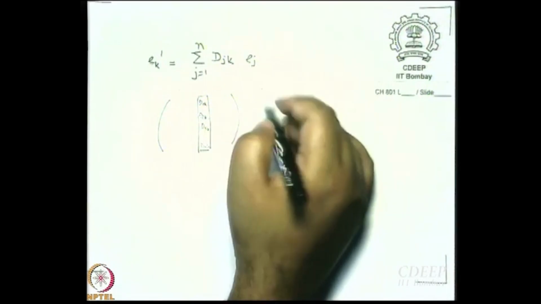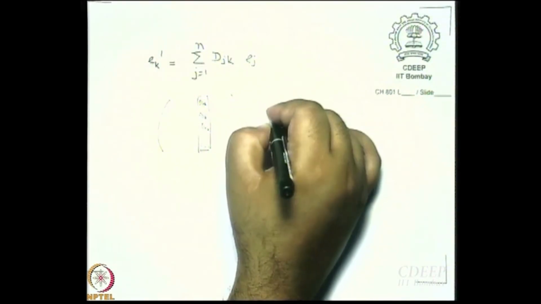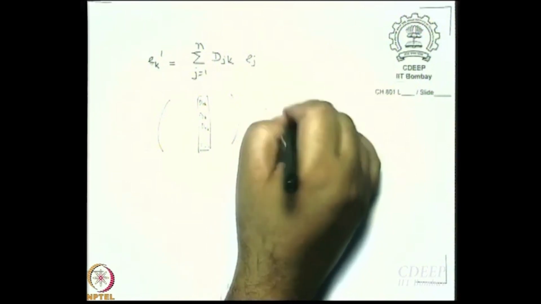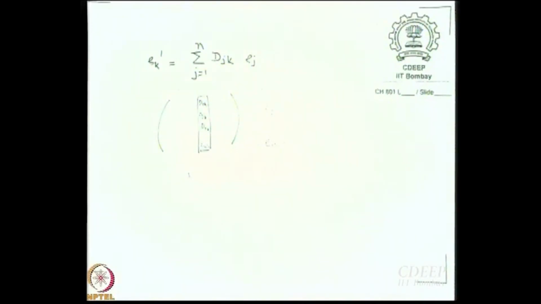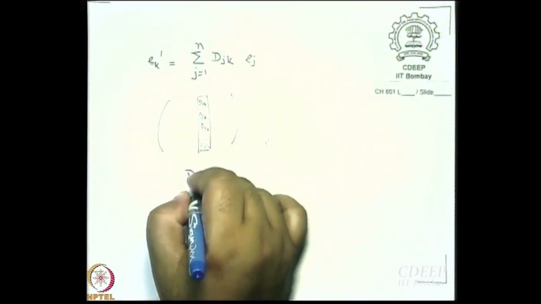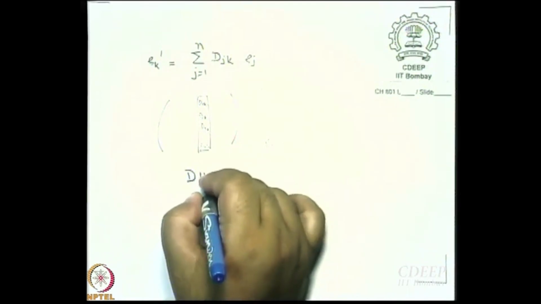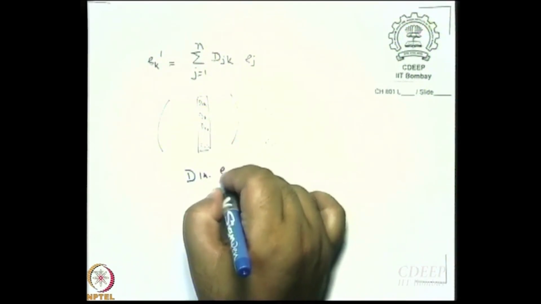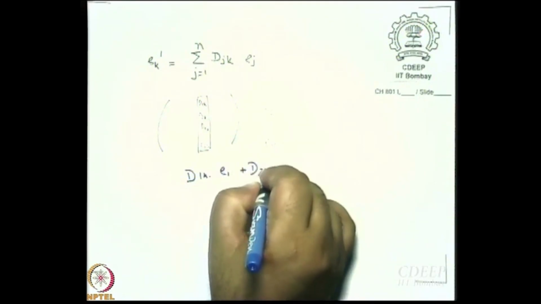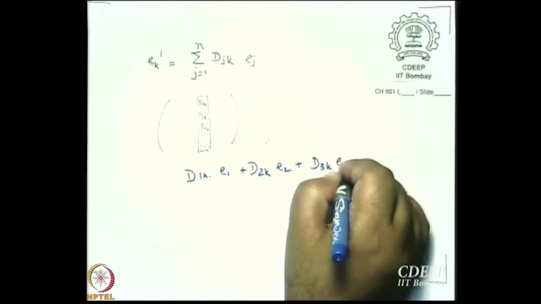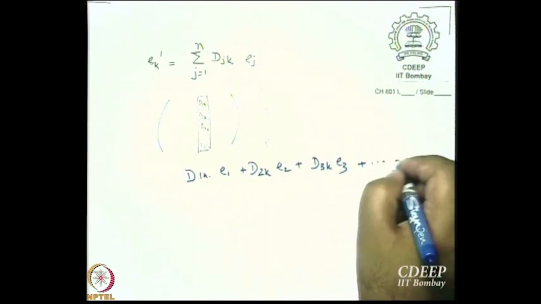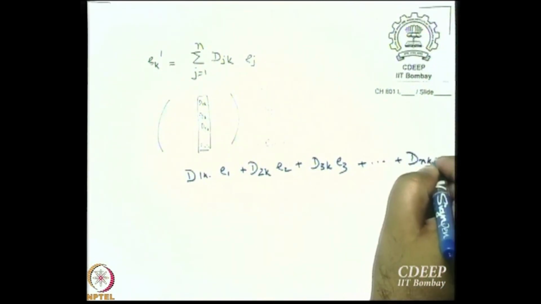Ej. So, E1, E2, En. So this would mean D1k E1 plus D2k E2 plus D3k E3 plus so on and so forth plus Dnk En.